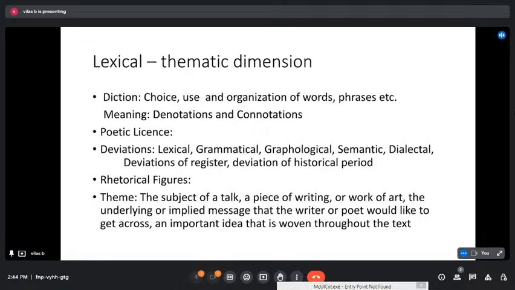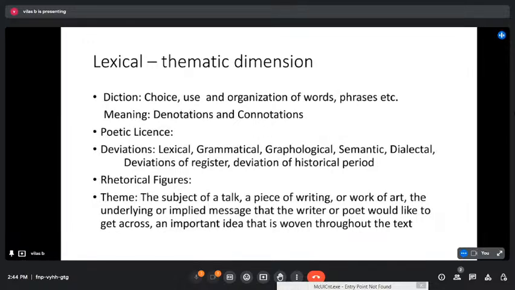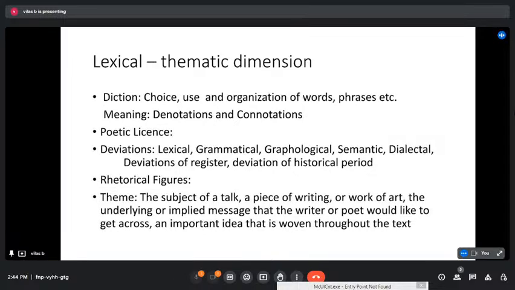For example, Shakespeare's famous sonnet, "Let me not to the marriage of true minds admit impediments." It begins like this. So there is a syntactic inversion at the level of syntax, of grammar.